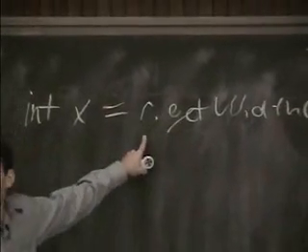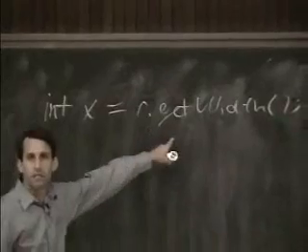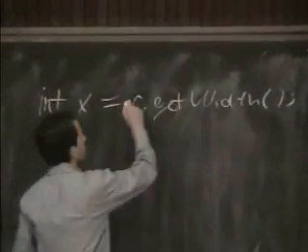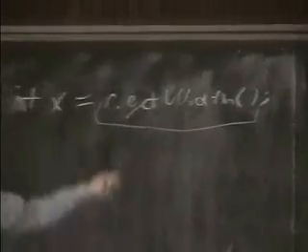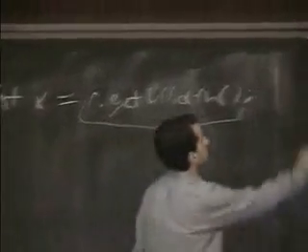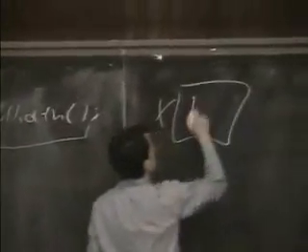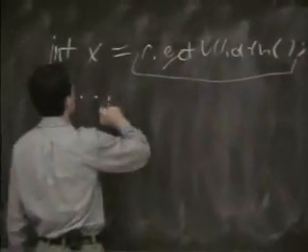Here you have some rectangle object r, dot means follow the reference, getWidth is the accessor method. This here will give you a value, 17, and then that'll be stored in x. So x is then some variable, 17. You could then print that out to the screen, of course, x.